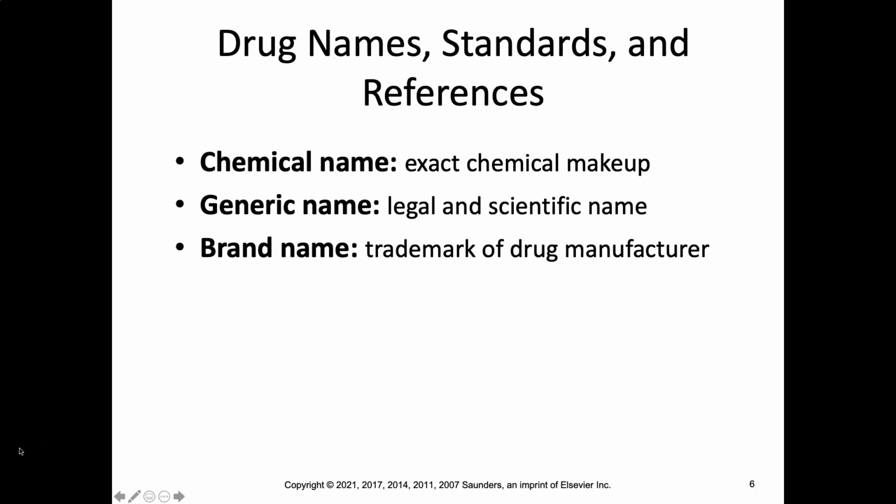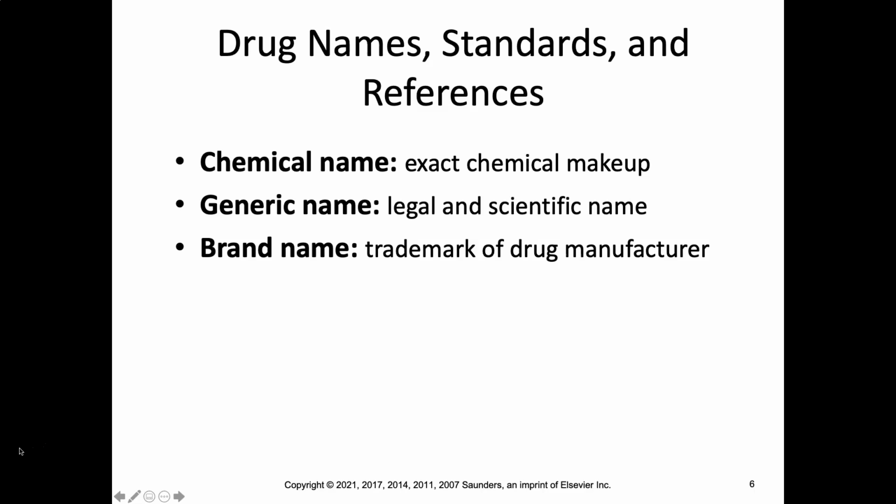All right, drug names, standards, and references. Every drug has three names. Did you know that? The first one is their chemical name. That's the exact chemical makeup of that drug, of that substance. It also has a generic name. That's the legal and scientific name of that drug. And then it has a brand name.